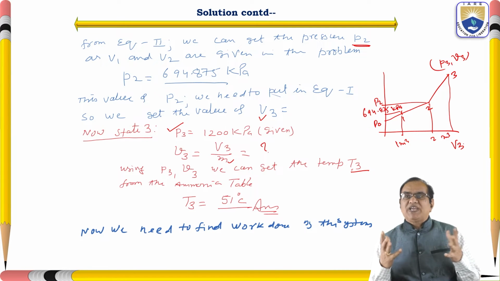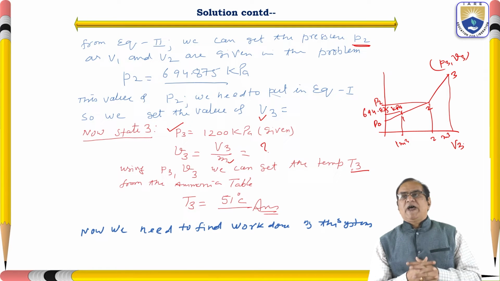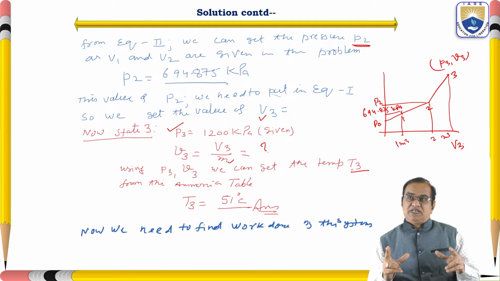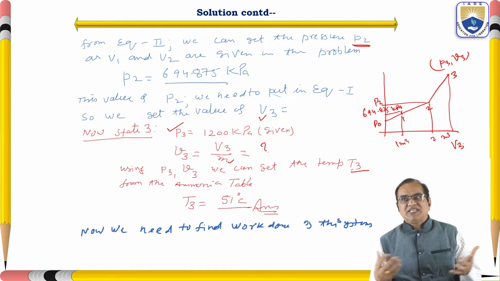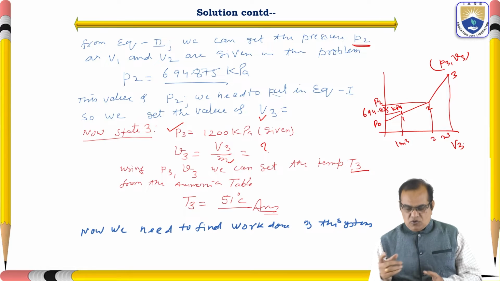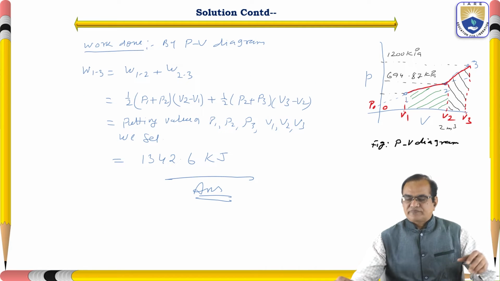Now we can use these values to find the work done, because for the work done we need pressure and volume, only then can we find it. Temperature is not concerned. So now we will calculate the work done by this system.